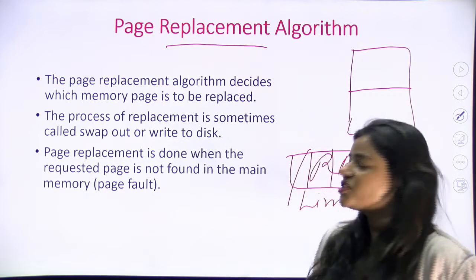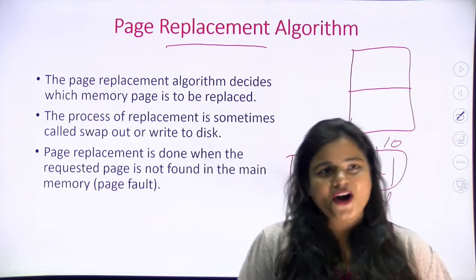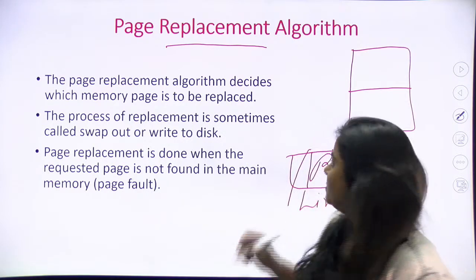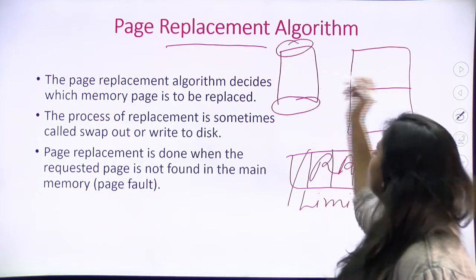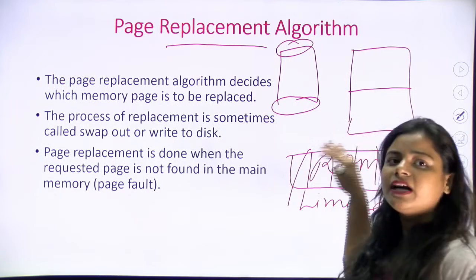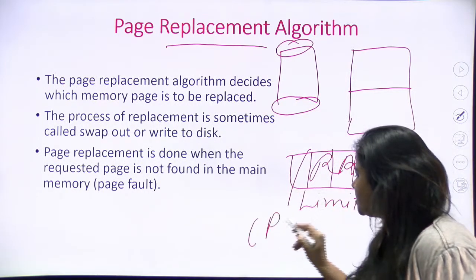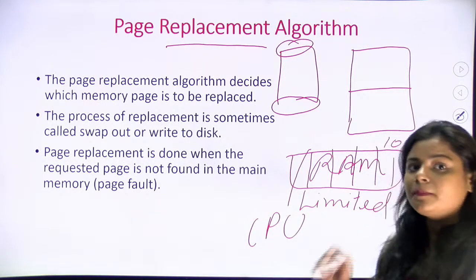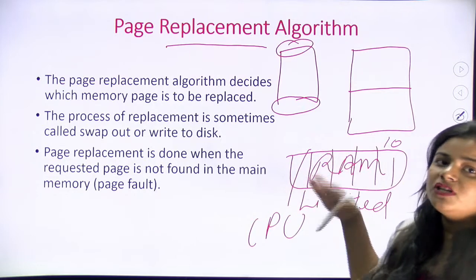So this definition is saying that the process of replacement is sometimes called swap out or write to disk. Means I am having another secondary storage or disk for placing these pages when they are not currently in execution. Whenever the CPU is executing any pages, the pages remain inside the main memory, but the main memory is full right now.